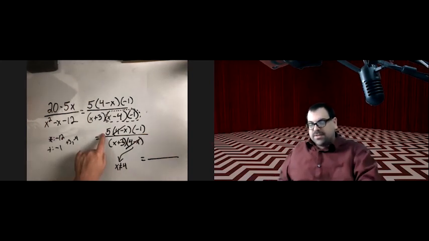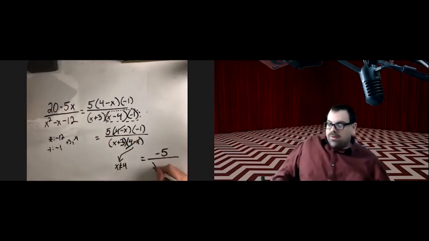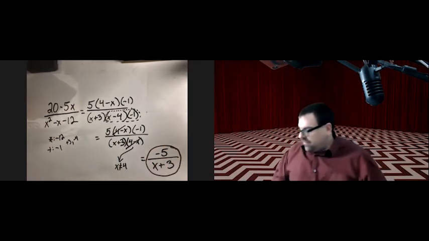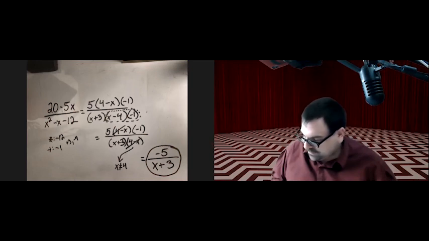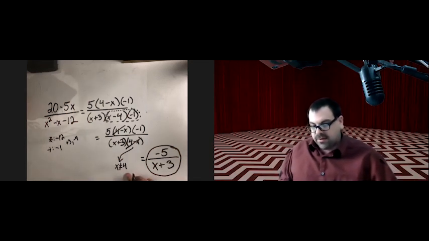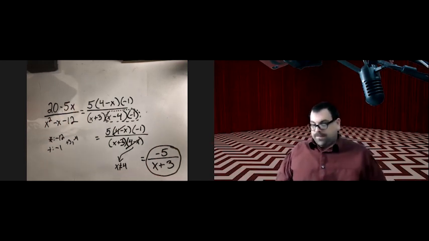The simplified answer, 5 times -1 is -5, and on the bottom we just have an x plus 3: -5 over x plus 3. If you wanted to write x can't be +4, feel free. It's actually more correct if it's there.